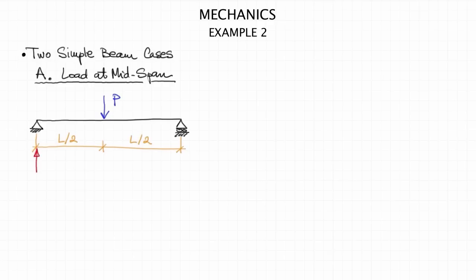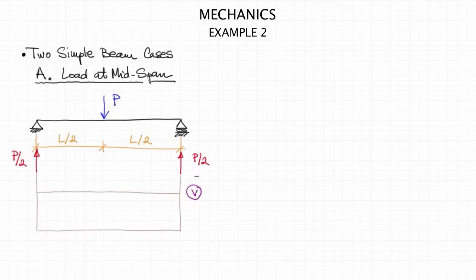In order to quickly draw the shear force and bending moment diagrams, we need to solve for the reaction forces, which are easily determined by inspection due to symmetry of the dimensions and the loading. So half P on the left end, half P on the right end.